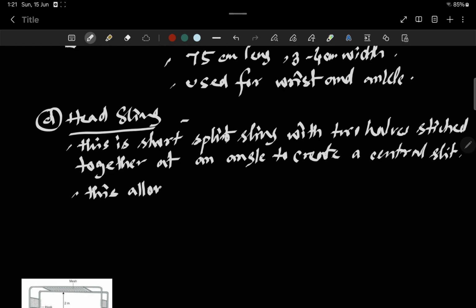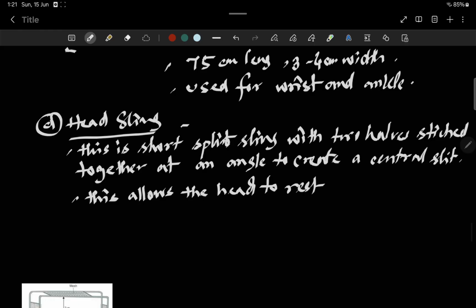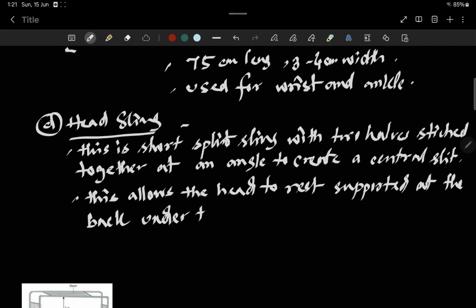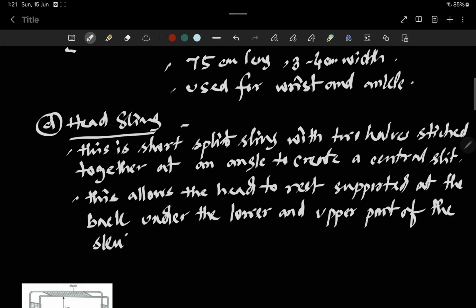This allows the head to rest supported at the back under the lower and upper part of the skull.